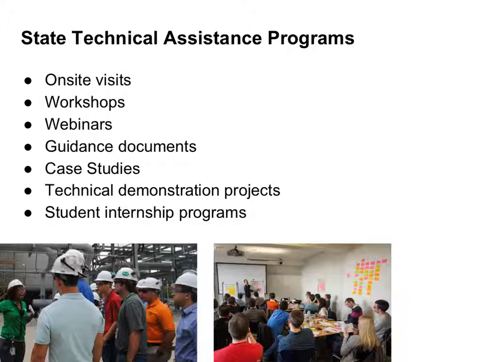They have guidance documents and case studies that provide more detailed information about technologies, financial analysis, and environmental compliance information. They also have technical demonstration projects, which introduce new equipment and show how well that equipment works. And some states even run internship programs for college students, introducing them to source reduction in a hands-on manner.